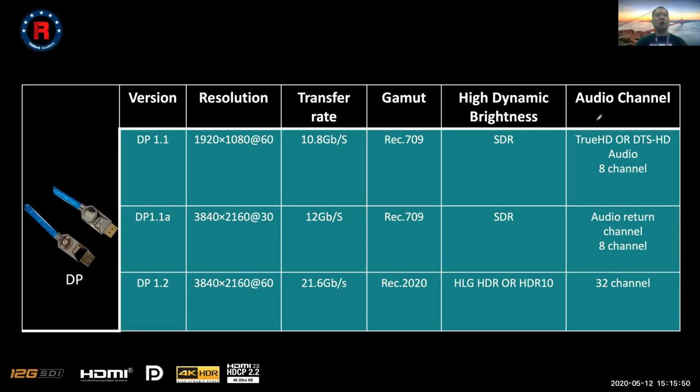This is DisplayPort. With DisplayPort, we started from DisplayPort 1.1, the Full HD version, and now we can find DisplayPort 1.2, the 4K version, quite easily. And in some monitors, you can even find DisplayPort 1.4, or in some graphics cards.